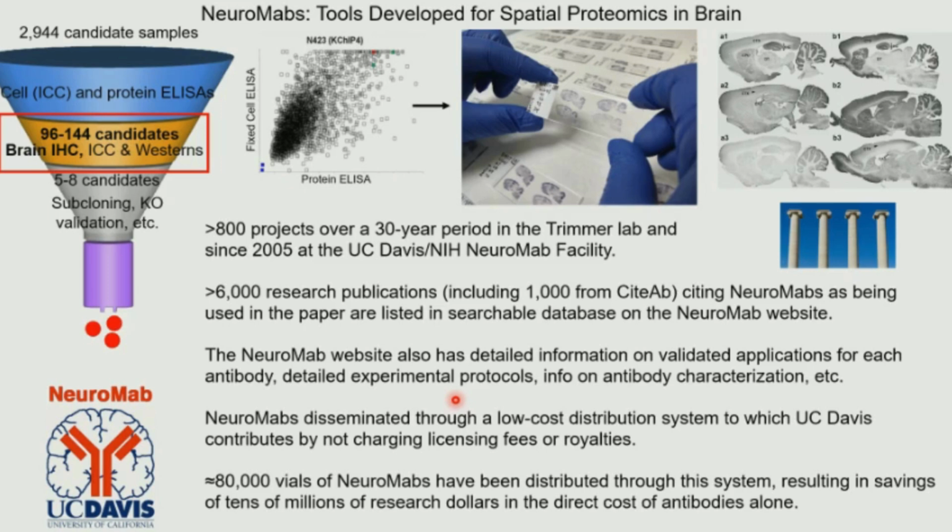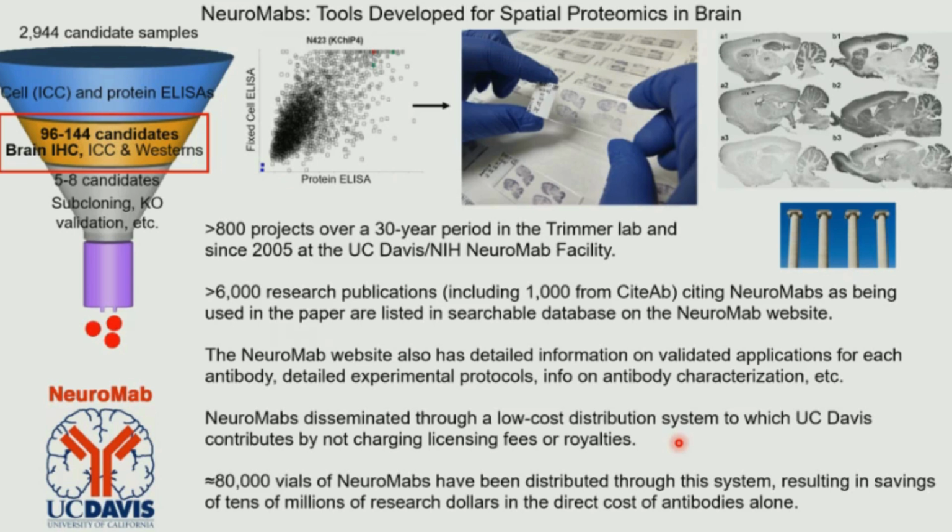Detailed experimental protocols, which especially for immunohistochemistry is really where the rubber meets the road. And then we also were able to develop a low-cost distribution system where the University of California contributes by not charging any licensing fees or royalties to keep the costs down.